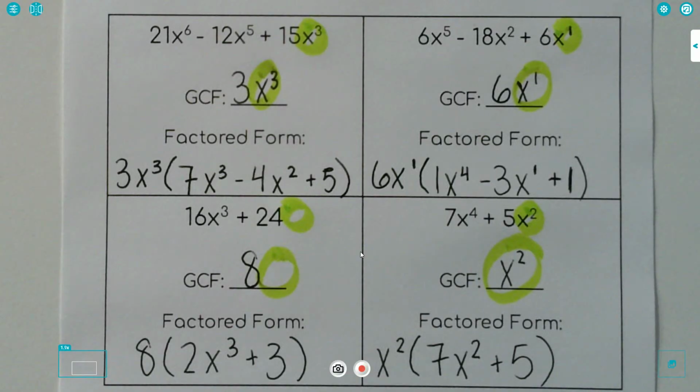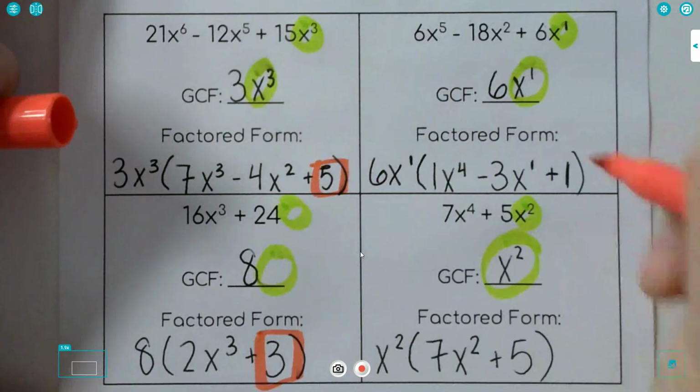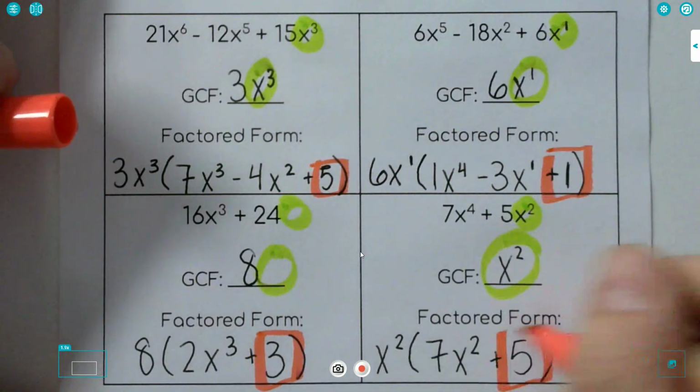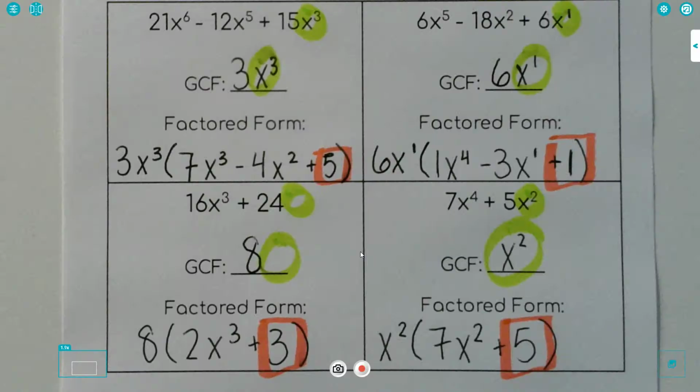All right, my next question. What do you notice about this, this, this, and this? They're all numbers. What? They're x-less. That's really hard to say. None of them have an x left.